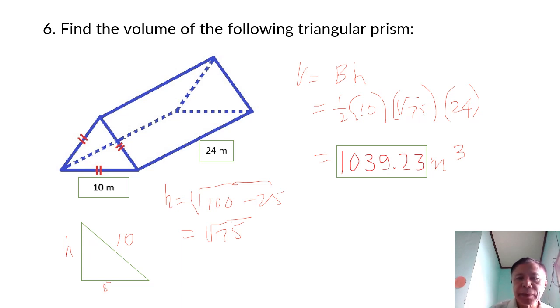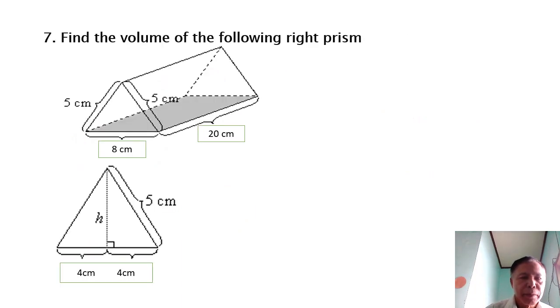So next one, number 7. So this one is number 6. This one is on finding the volume of the following prism.